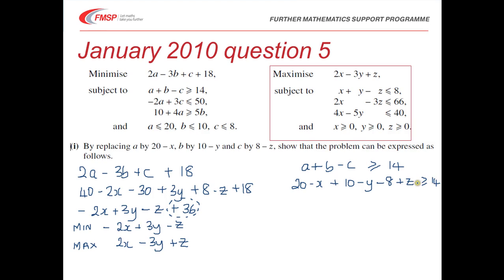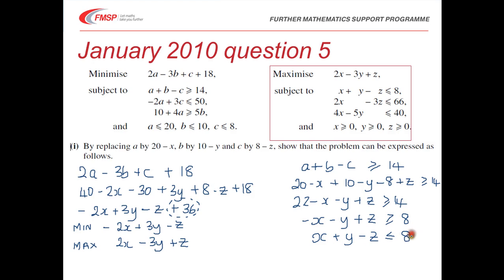But if we simplify that, we'll get 30 minus 8, so it's 22 minus x minus y plus z is greater than or equal to 14. So that is minus x minus y plus z is greater than or equal to minus 8, or x plus y minus z is less than or equal to 8. So we now have the first of our constraints.